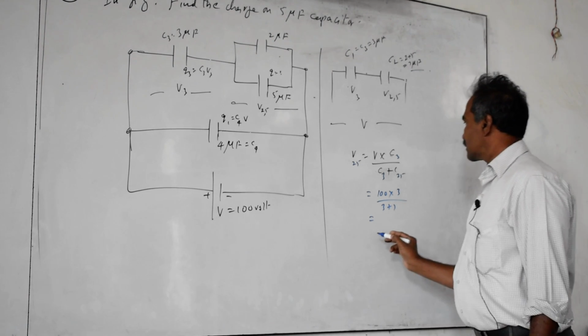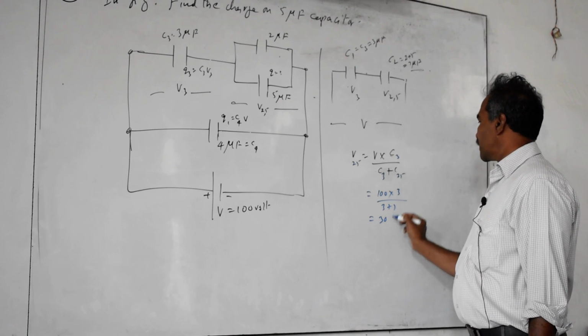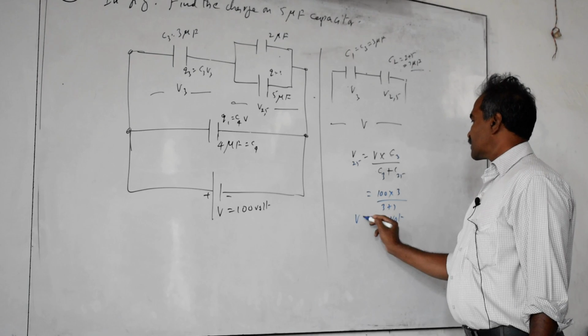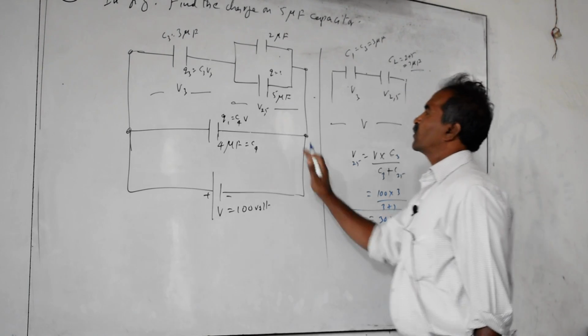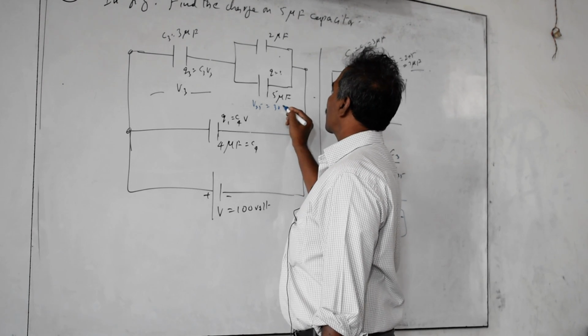You will get 30 volts. So this voltage V25 equals 30 volts.